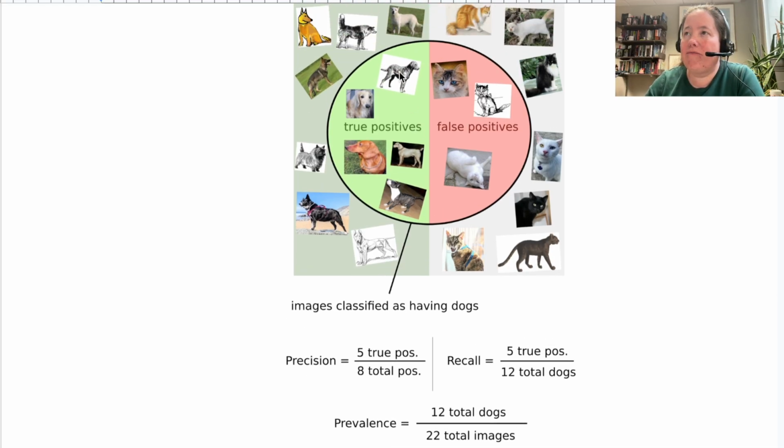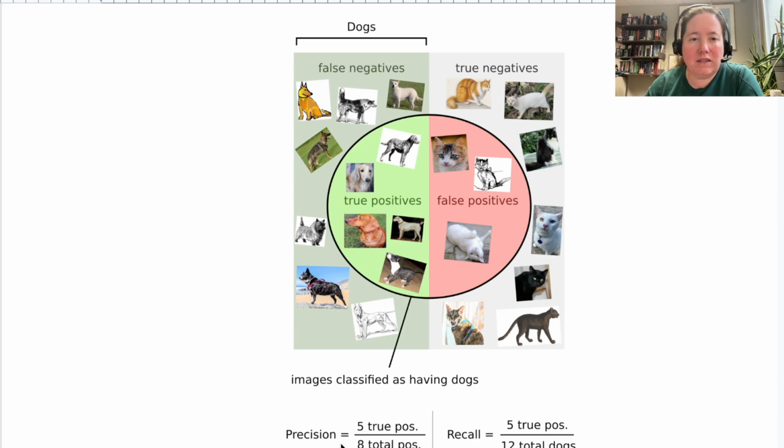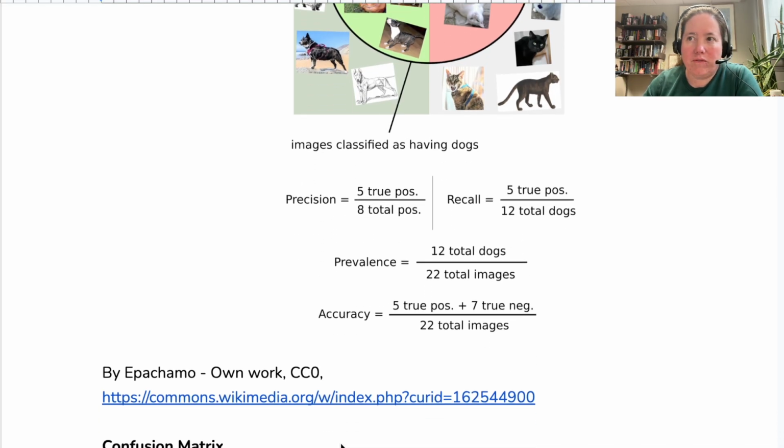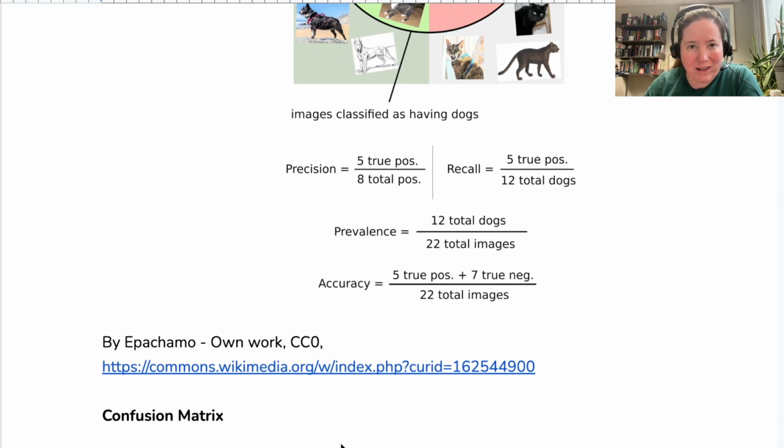So here we have 5 true positives, 5 dogs that were correct, and there are 1, 2, 3, 4, 5, 6, 7 cats that are correctly identified as cats. So that's 5 plus 7 divided by 22 would give us the accuracy for this. I've included this in my notes so that you can take a look at it. And we also do have an attribution for this as well.